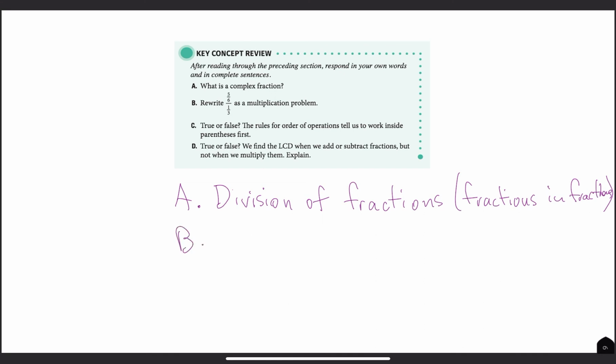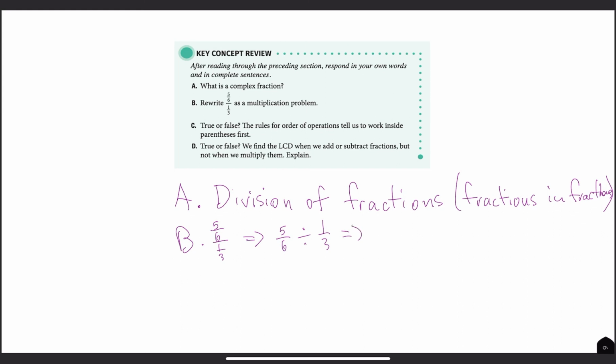B, rewrite 5/6 divided by 1/3 as a multiplication problem. Okay, so first we have to write it as a division problem with the division symbol.